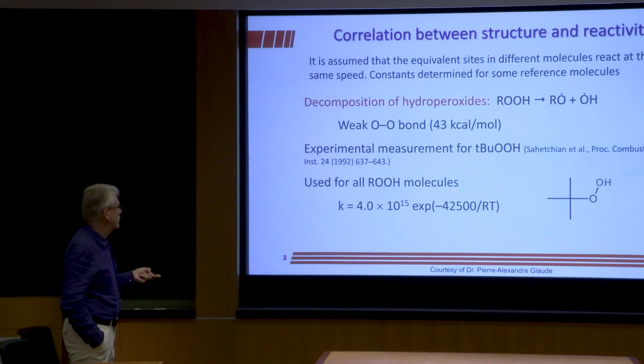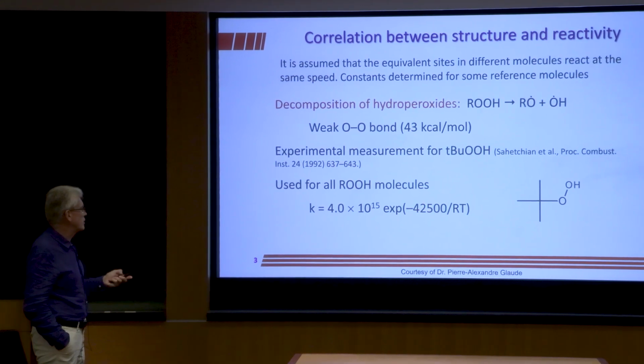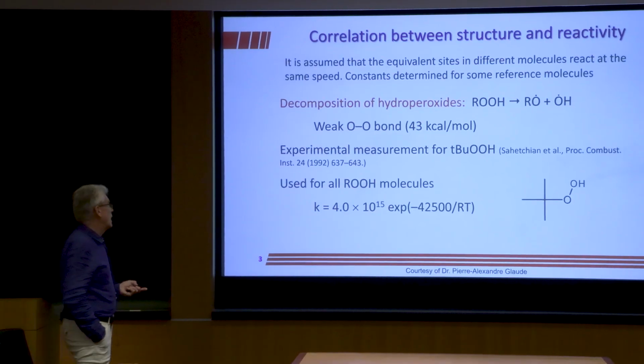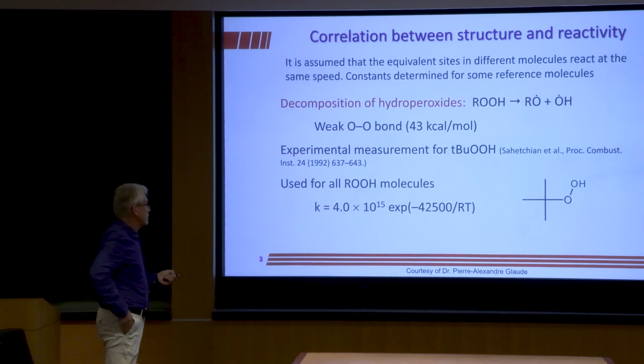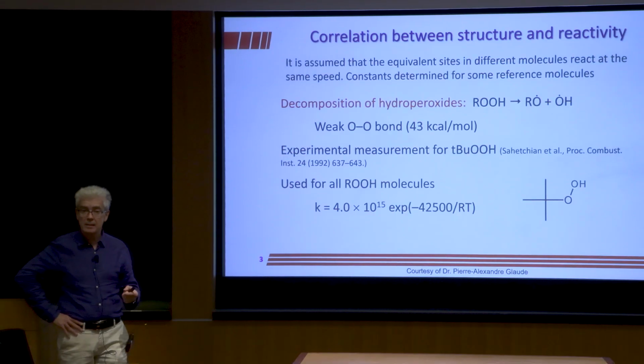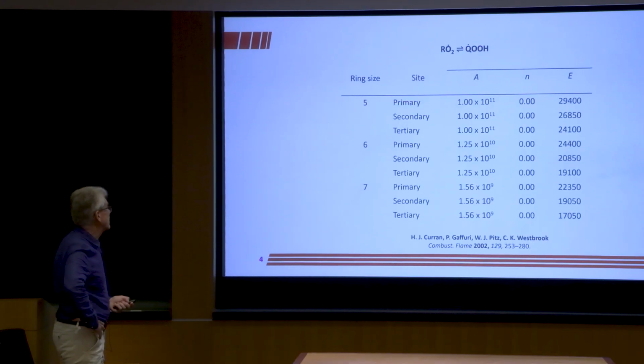And here they measured the rate constant for this one to be 4 times 10 to the 15 with an activation energy 42.5 all over RT. This is calories per mole, all right? And we use a rate constant similar to this in our mechanisms for the carbonyl hydroperoxide decomposition. So that's where we take that from.